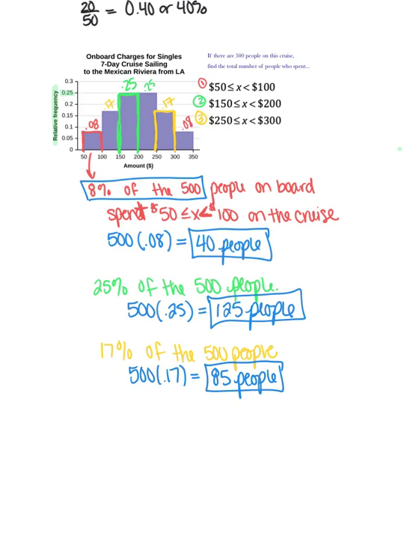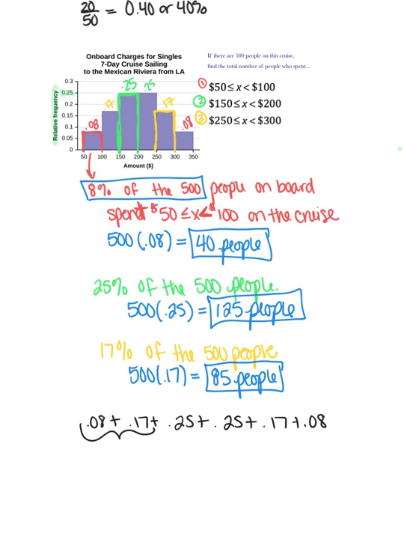If you have done a relative frequency histogram and it's been done correctly, all of those heights should equal 1. When I add up 0.08 plus 0.17 plus 0.25 plus 0.25 plus 0.17 plus 0.08, since these are percentages, they all should add up to 1 or 100% in the end.